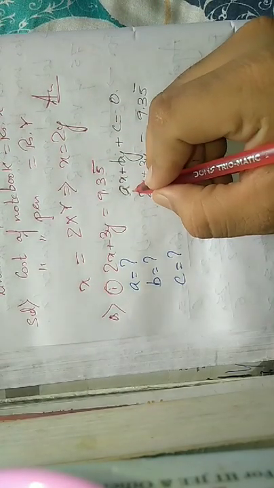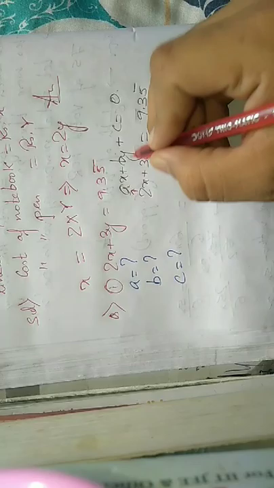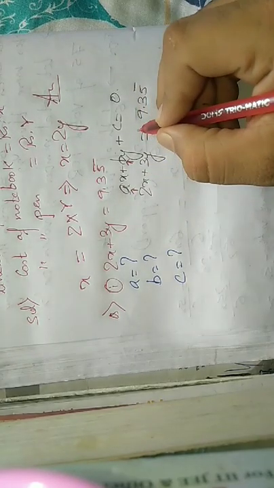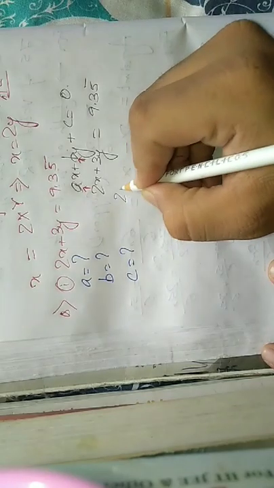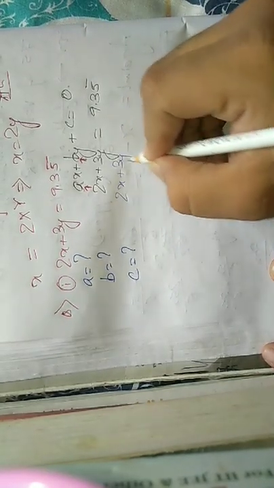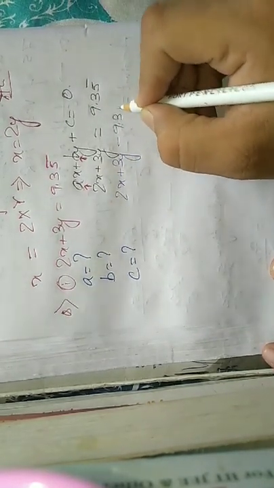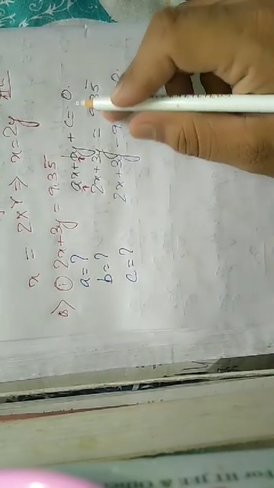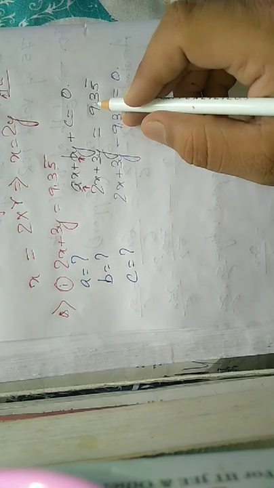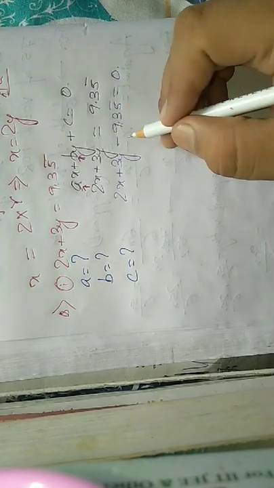Now a value is 2, b value is 3, but I have not taken the constant on this side. So I'll take the constant to this side, and it will be written as 2x plus 3y minus 9.35 bar is equal to 0. Because this was plus 9.35, by transposition it came over here as minus 9.35. Now it coincides.